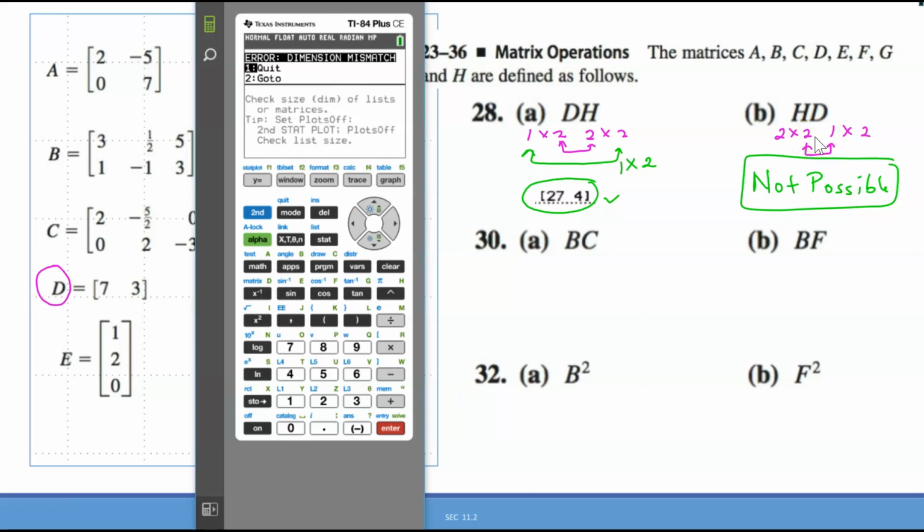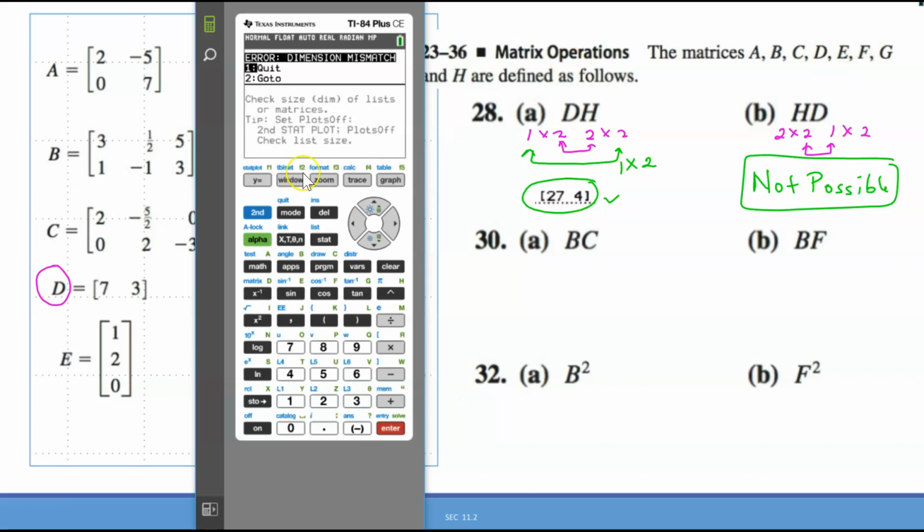Now our answer is never dimension mismatch. Our answer is, because these inside numbers aren't equal, the matrix multiplication is not possible. We can't match up the row of the first matrix with the column of the second matrix in order to multiply and add.